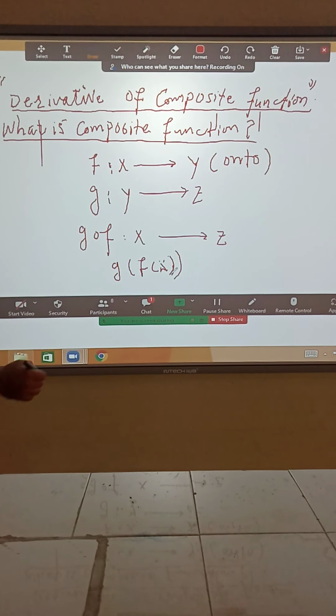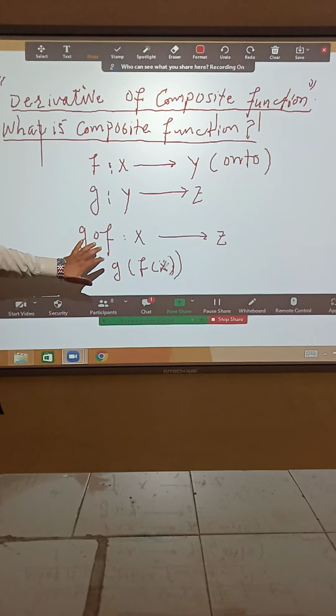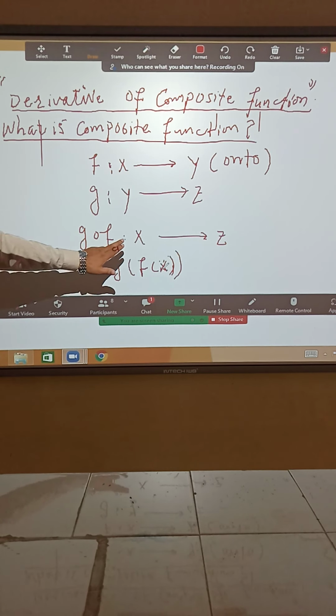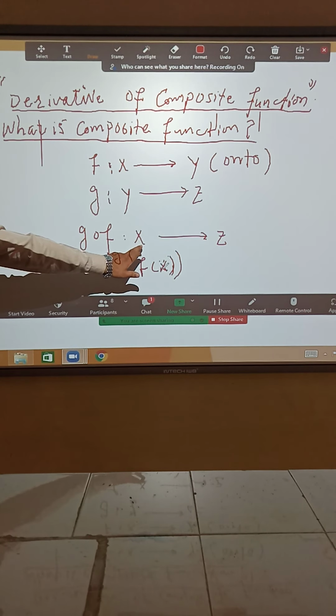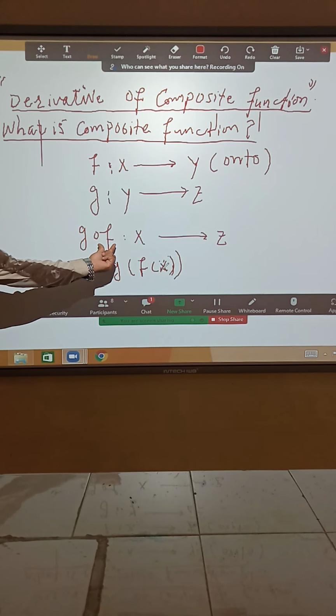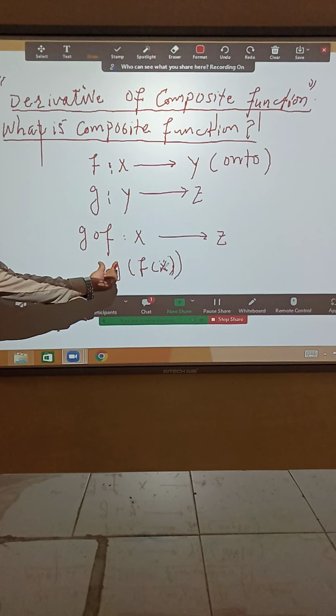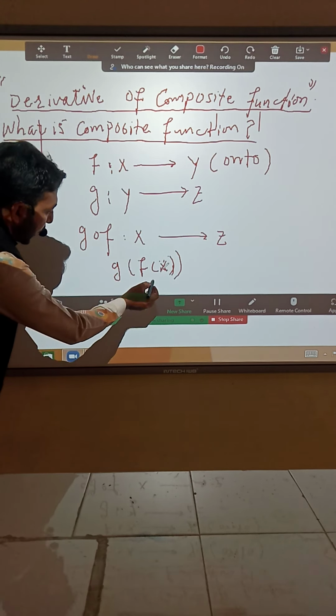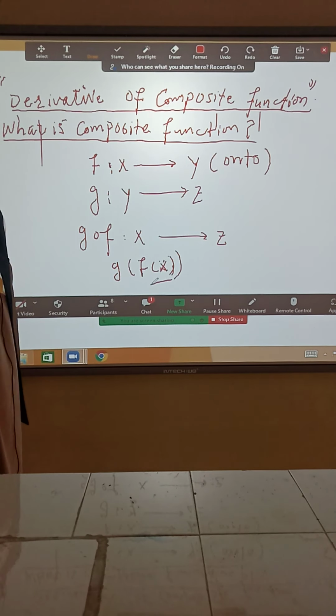This composite function initially takes a value x from the domain of f, and in the domain of g we have f of x.